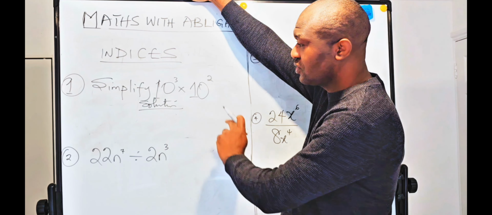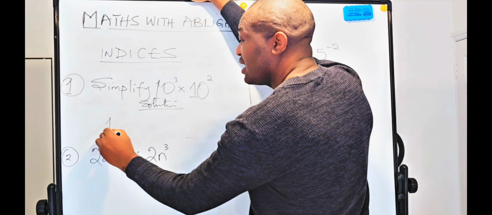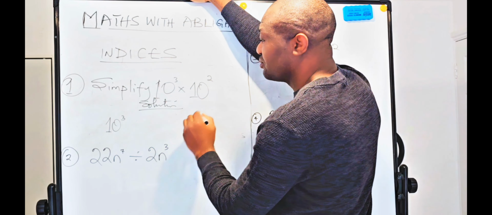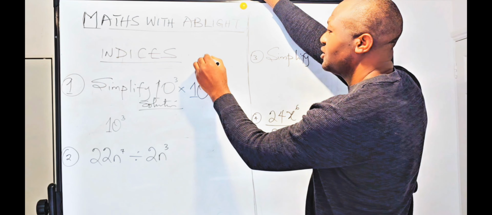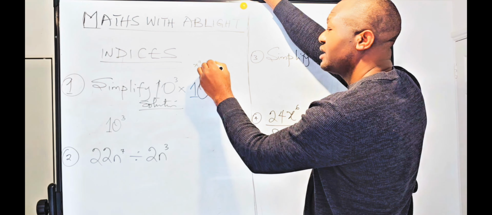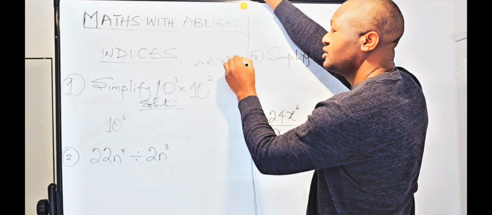Remember in the laws of indices, 10 to power 3 times 10 to power 2 takes you to the first law, which says x to power a multiplied by x to power b is equal to x to power a plus b.